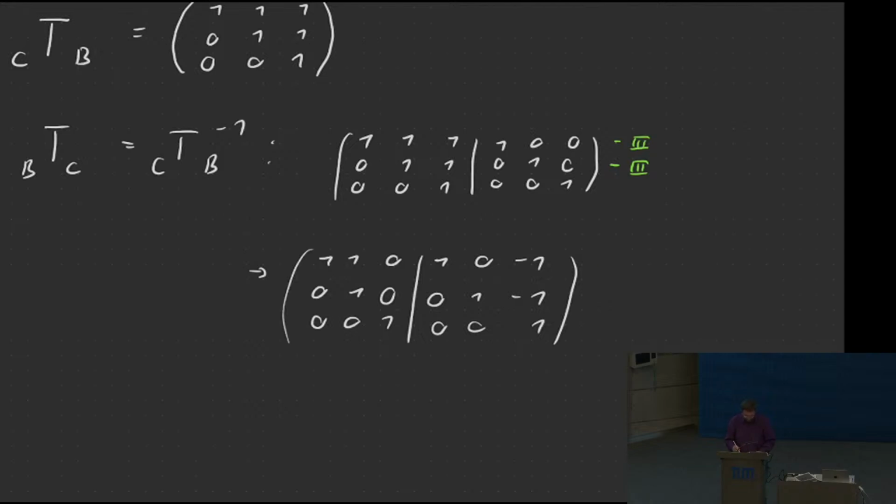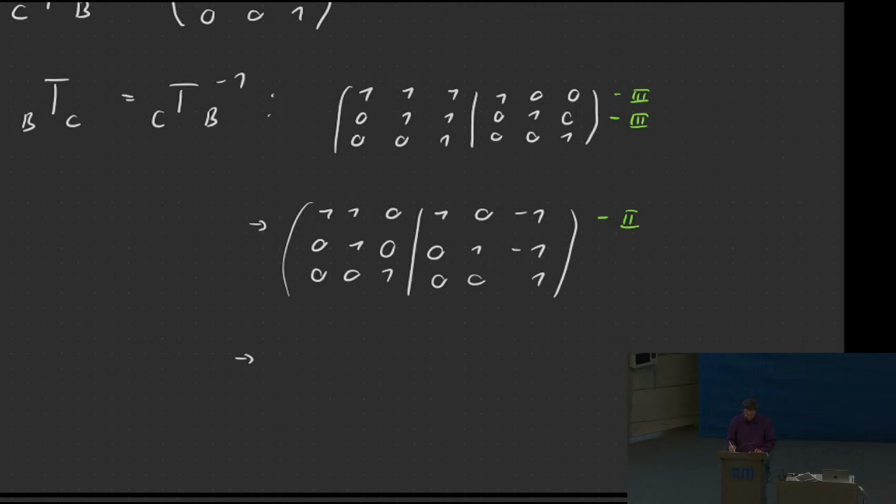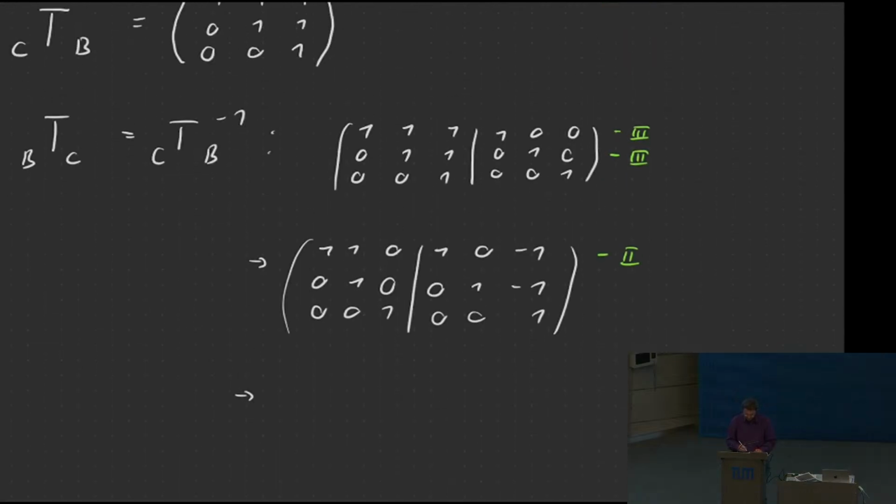And then we need to subtract the second row from the first one to get rid of that plus 1 here. So that yields 1, 0, 0. So we have the identity on the left, and on the right we get a 1, minus 1, and minus 1 plus 1 is 0, and all the rest is unchanged.